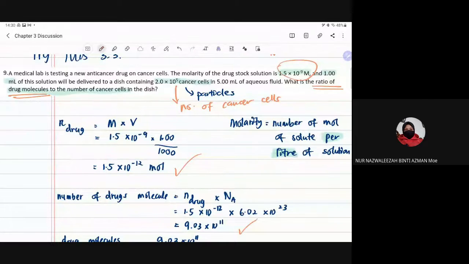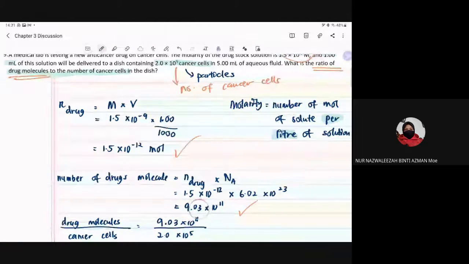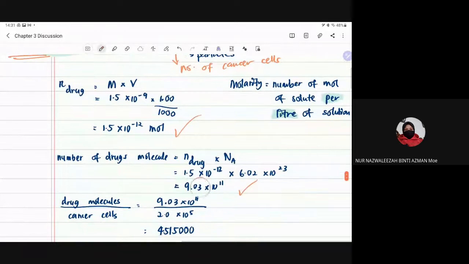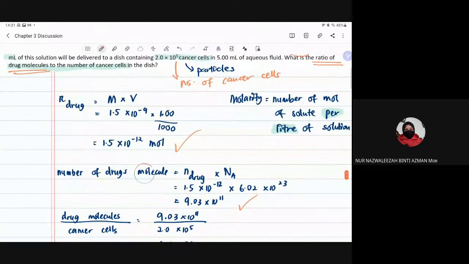Now, dah dapat number of mole dia, kita boleh cari number of molecule. Macam mana nak cari number of molecule? Mole darab Avogadro's number. Kita campurkan semua ni, kita akan dapat nilai dia di sini. And then, once dah dapat yang ini, dia minta nisbah antara number of drug molecules kepada number of cancer cells.